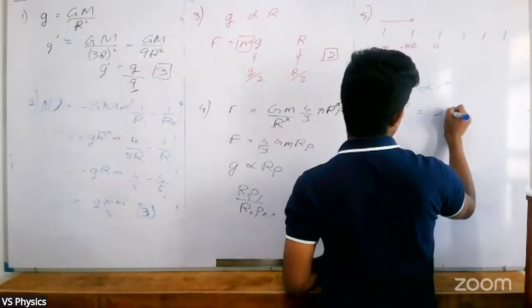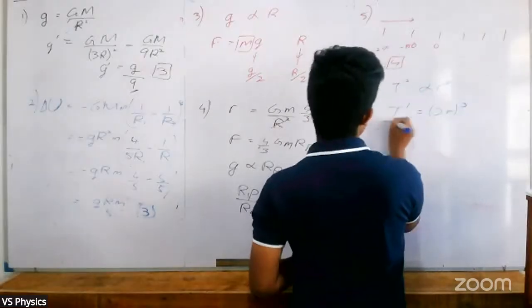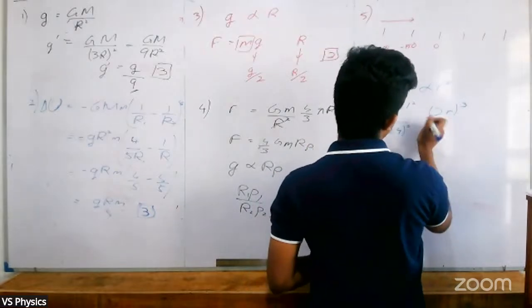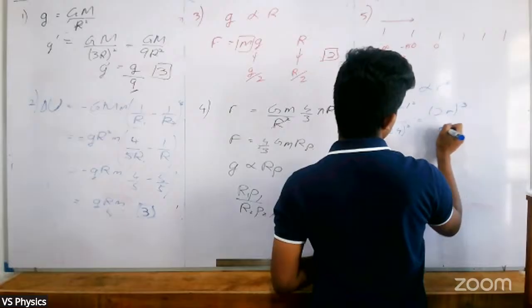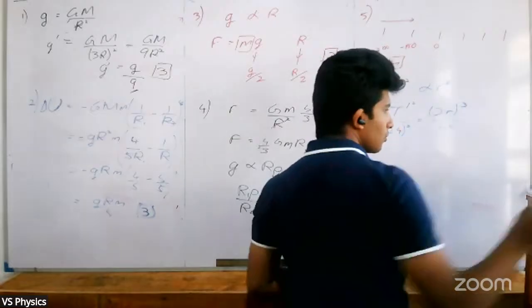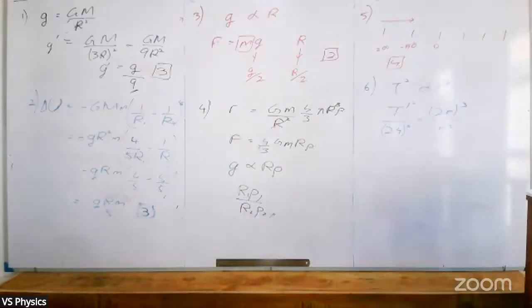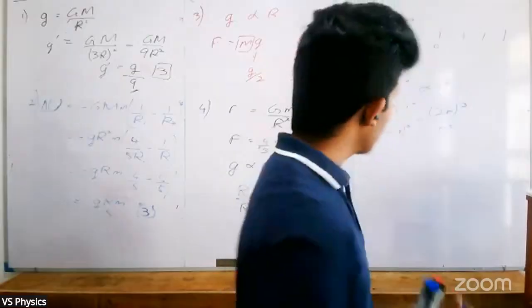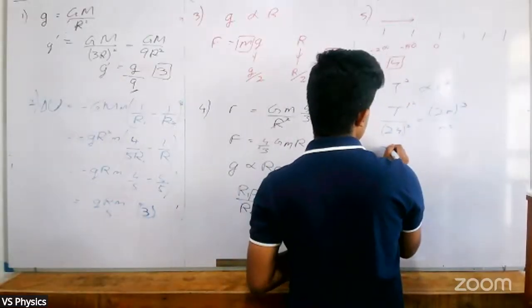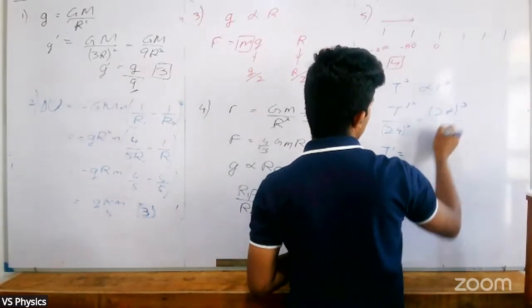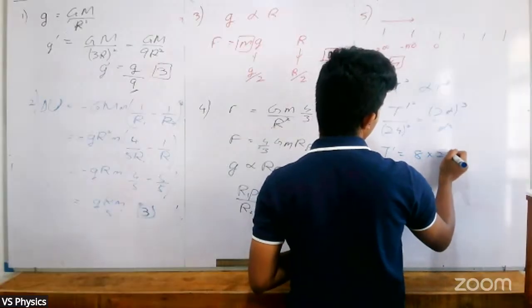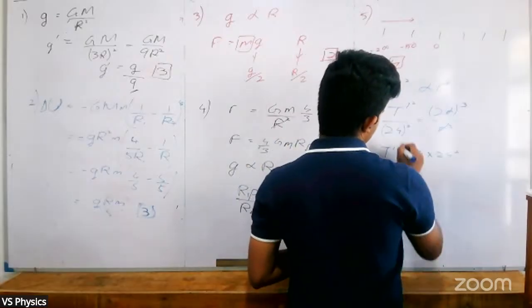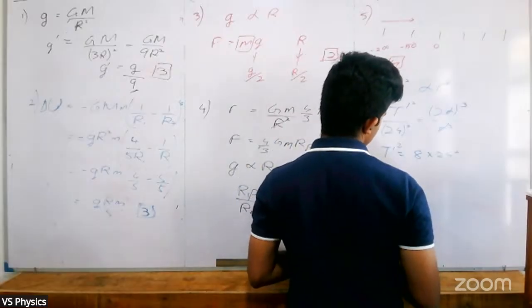So we can write 2r cubed for the new orbit, and the initial orbit has 24 squared with r cubed. Then T dash squared is equal to 8 times 24 squared.